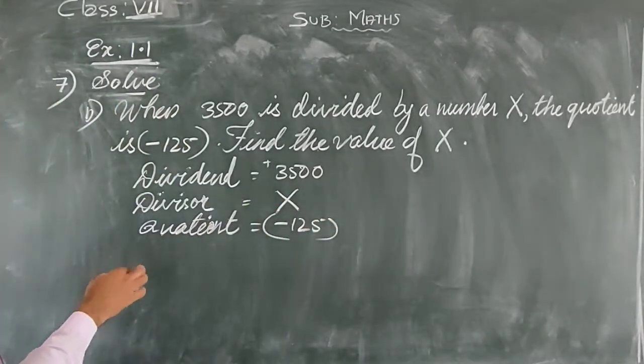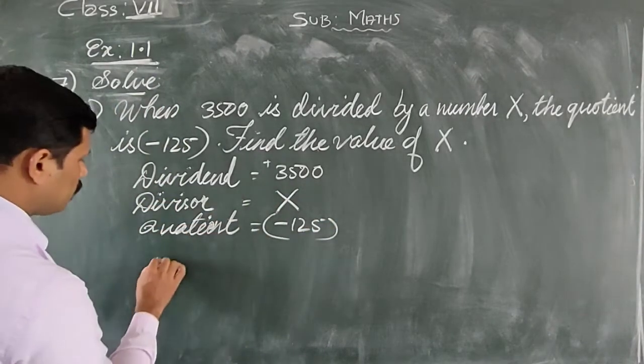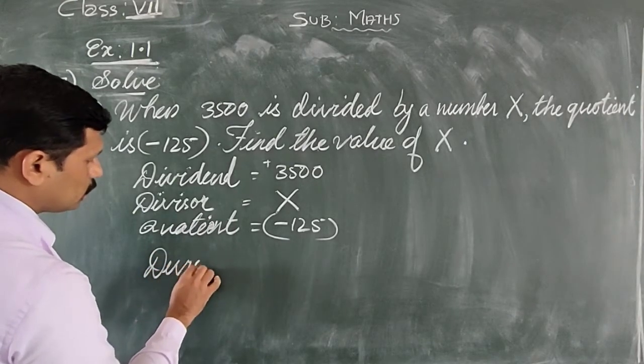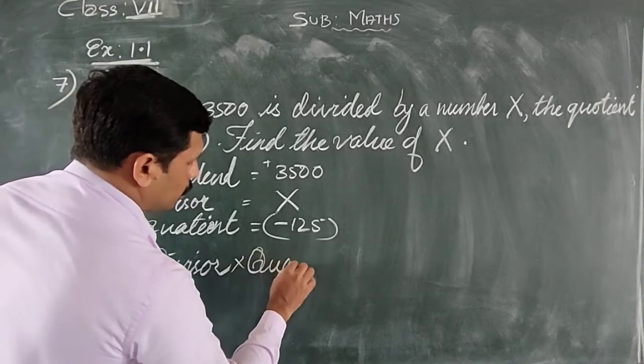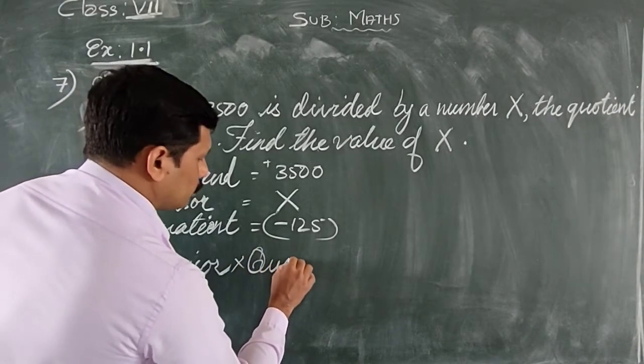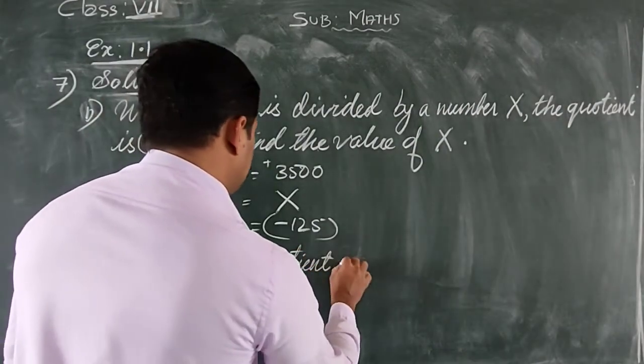The formula is divisor into quotient plus remainder, but remainder is not there, therefore we can write divisor into quotient is equal to dividend.